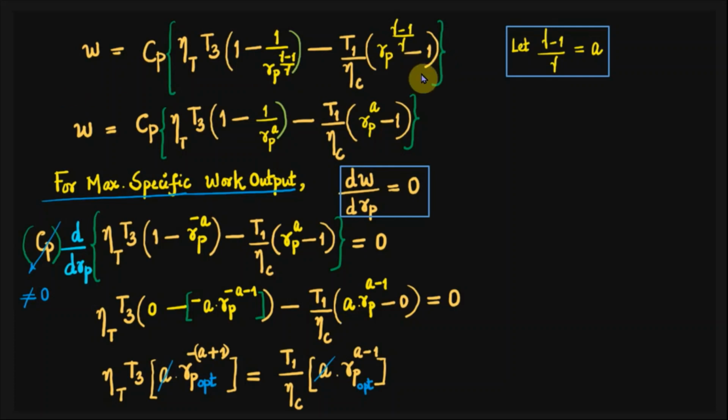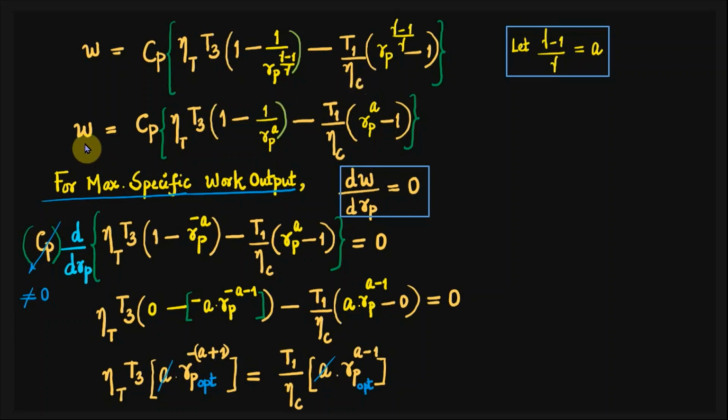Now this expression contains the Cp value, which is considered to be constant, the isentropic efficiency of expansion eta suffix T, the isentropic efficiency of compression eta suffix C, the temperature limits T3, that is the maximum temperature, and the minimum temperature T1, and the pressure ratio Rp. Now, in order to simplify, the index gamma minus 1 by gamma can be replaced by the letter A as in the previous case.